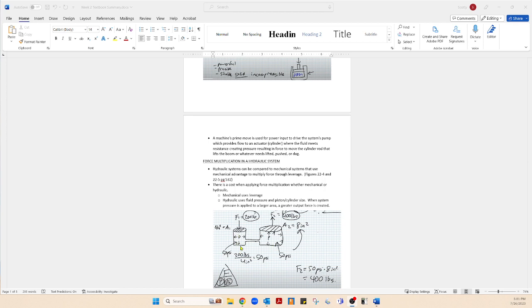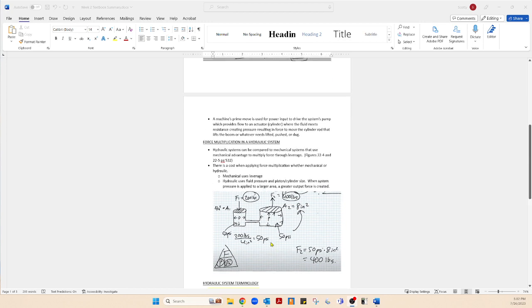If you push it down 10 inches over here, it's going to move 5 inches over here. So see, you got to push it further just to get half the distance. But you get 400 pounds, you get twice the force. So if you have a 350-pound object that needs lifted, you can lift it with this system right here.